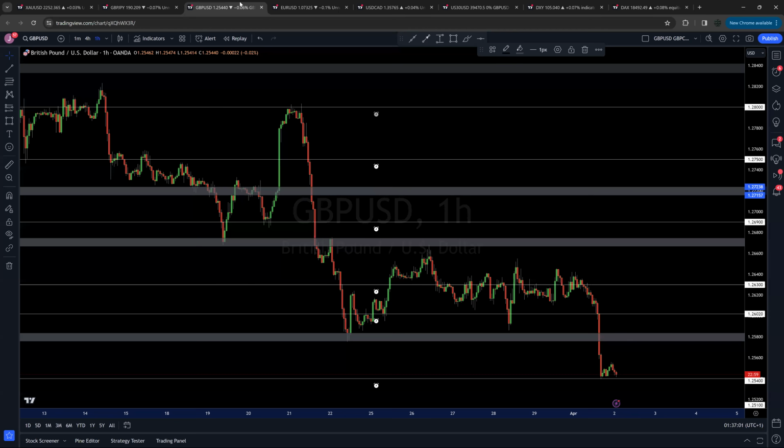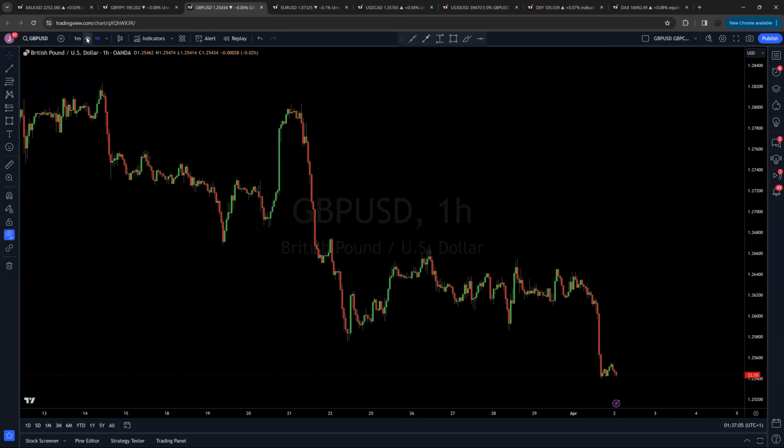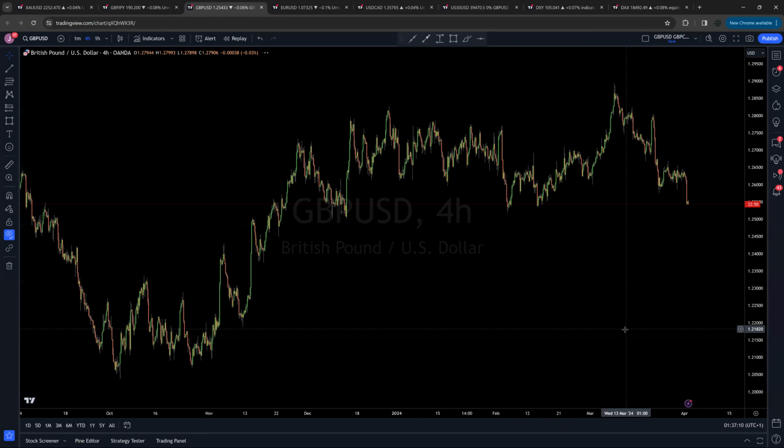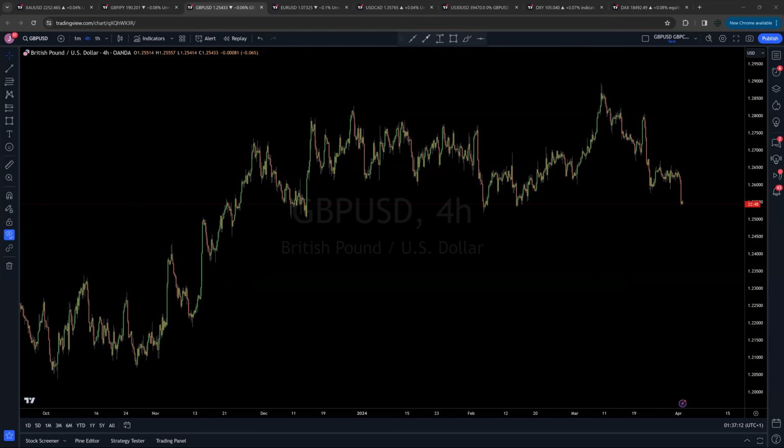So with that being said, when we're looking at GBP USD and Euro USD, we are at a bit of a key make or break technical area here, which you can just see across the board.